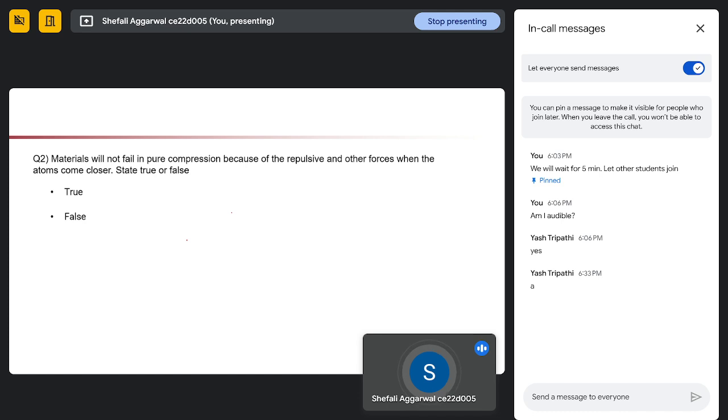Second question: materials will not fail in pure compression because of the repulsive and other forces when the atoms come closer. True or false? True. Okay, correct answer.